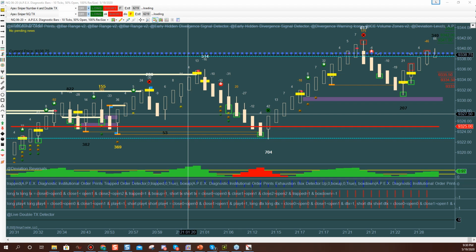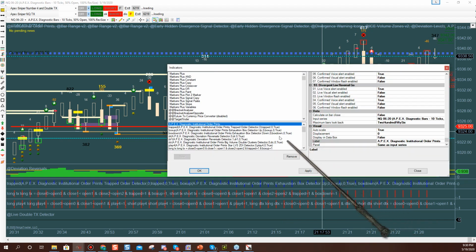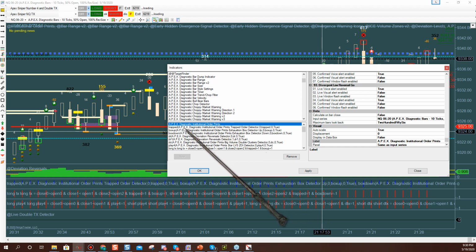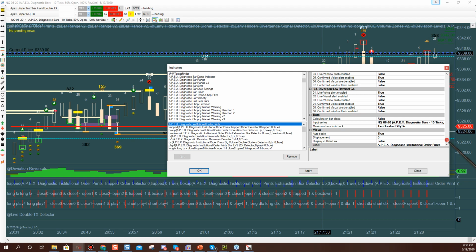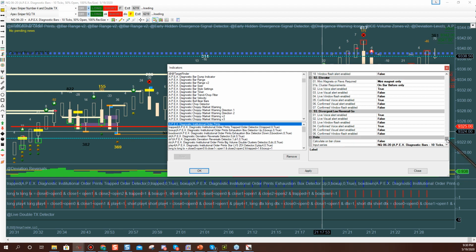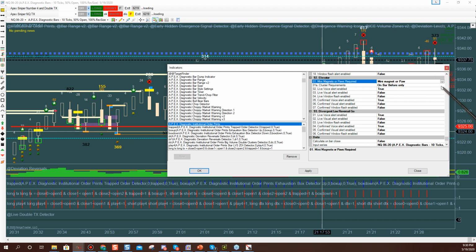Okay? So let's go ahead and go in and do that. And I'm going to show you where it's at. So first thing, on the institutional order prints right here, on any template, you can go up to where you see elevators. And what I do is I have my settings set to mini magnet or paw.